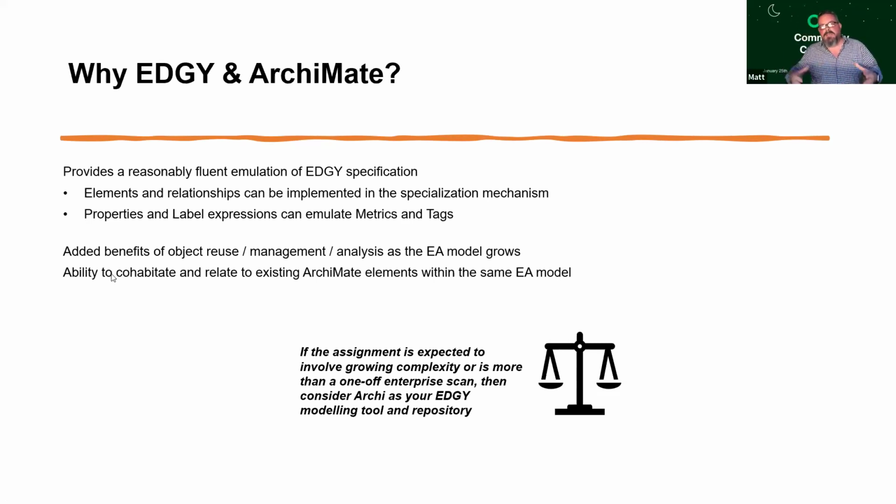So I have existing architecture designs in there that I've used for various different tasks that I've done. The ability to set up the EDGY specialization and then also still related to that model, or to have EDGY operating, working independently within ArchiMate, not conflicting with those other models, is a really great thing as well. And I'll show you that as well.